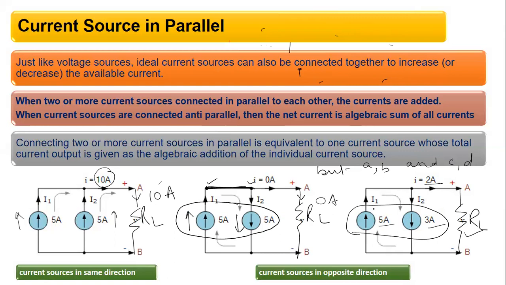So the summary of this particular concept is that if you see a number of current sources connected in parallel to one another, you can replace all those current sources with a single current source whose value is the algebraic sum of all the current sources which are connected in parallel. All right. So this was about current sources.